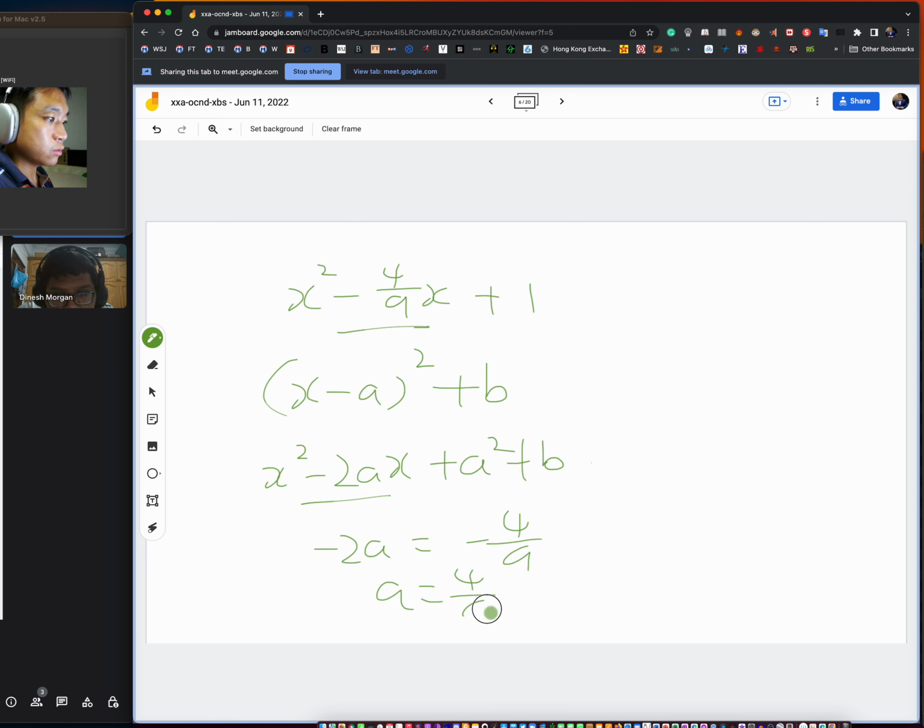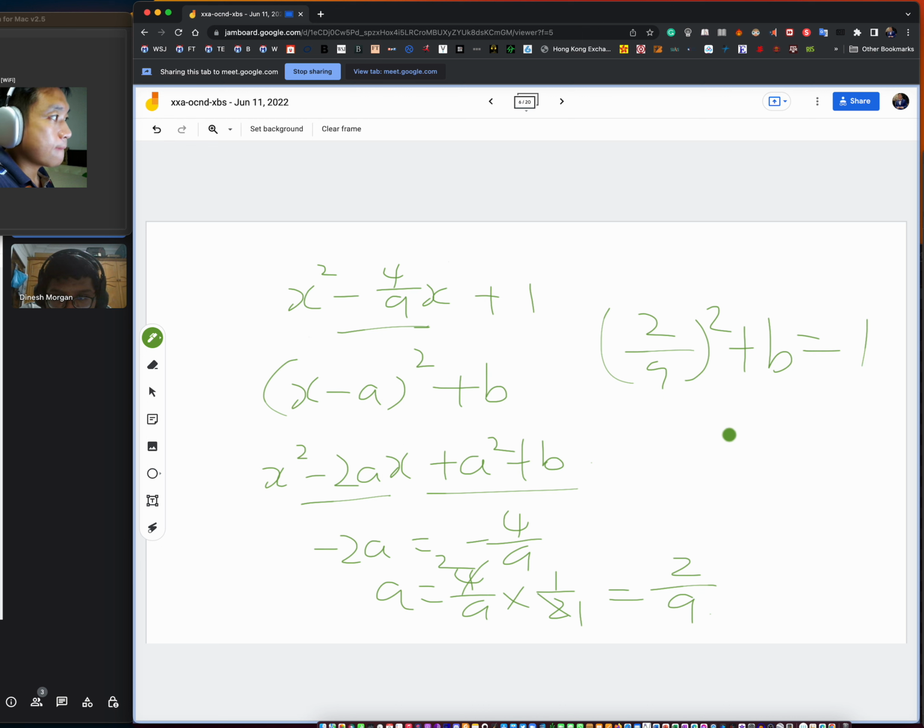So your a is equal to this, then your this is, so b is equal to 1 minus 81, so 77 or 81. Then you just plug it in. When you do the calculation, the sign will take care of itself.